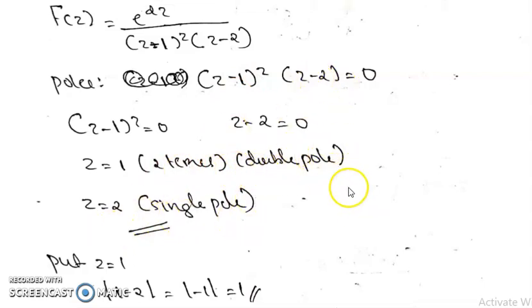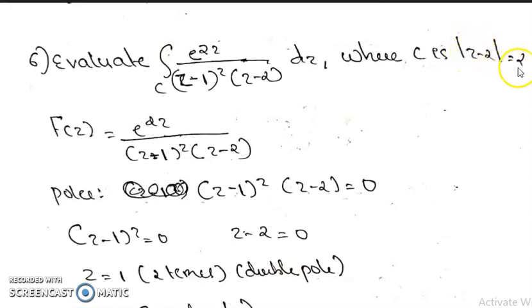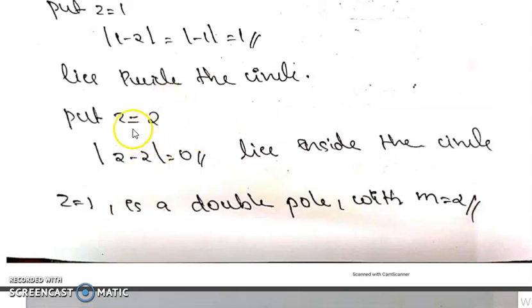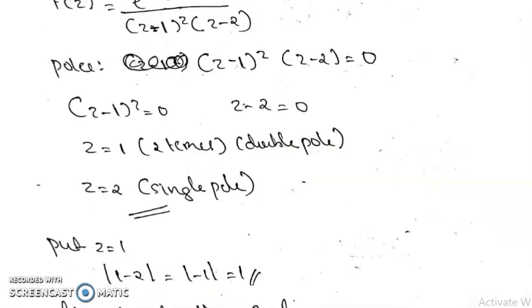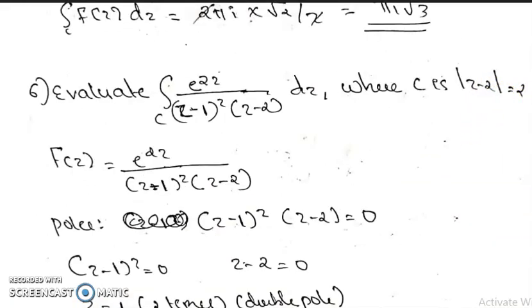You can continue with the solution on your own. You have to find whether each lies inside. I'll give the hint: you can substitute for z and find whether it lies inside or outside. In the first case, when z is 1, it lies inside because the radius is 2 and you get 1.